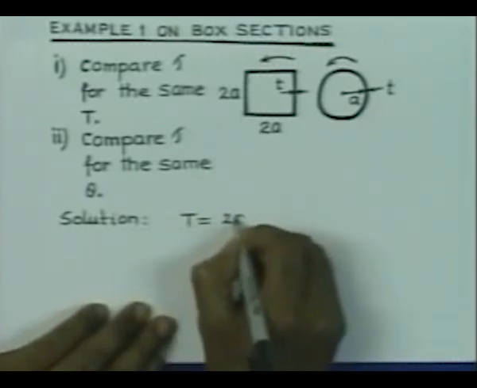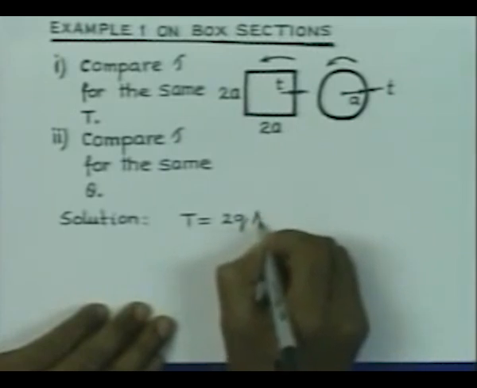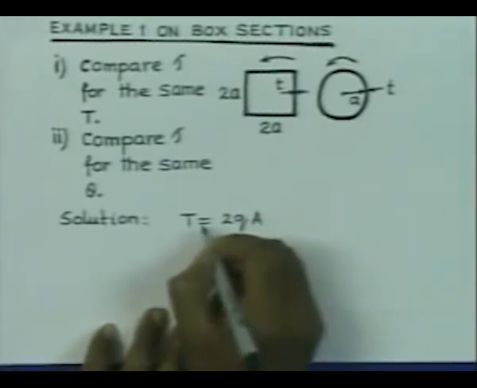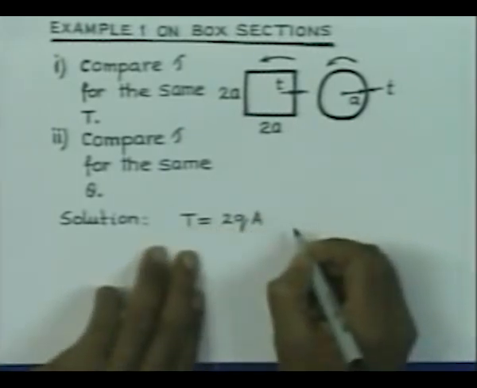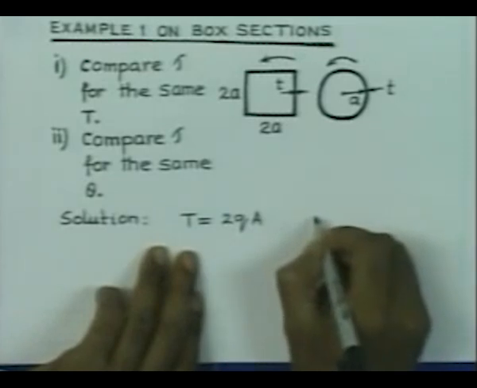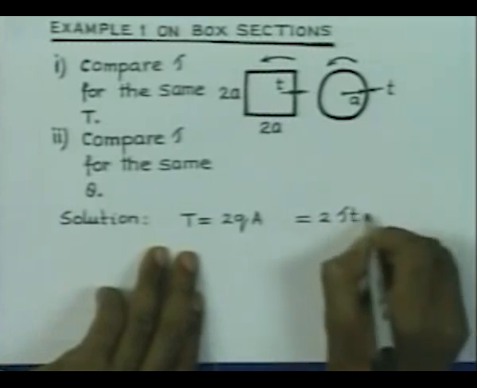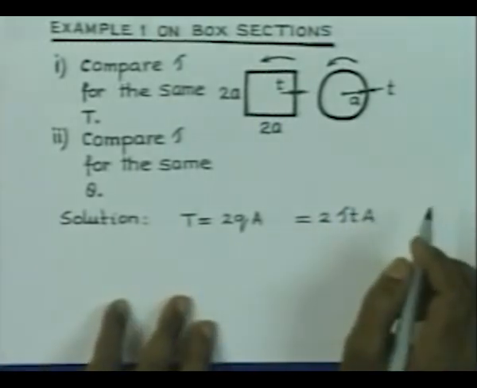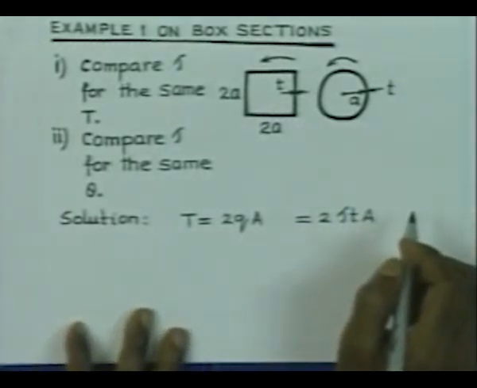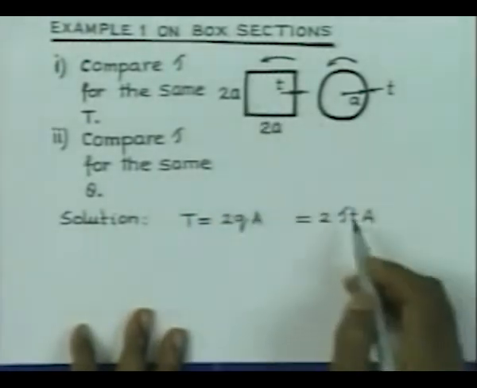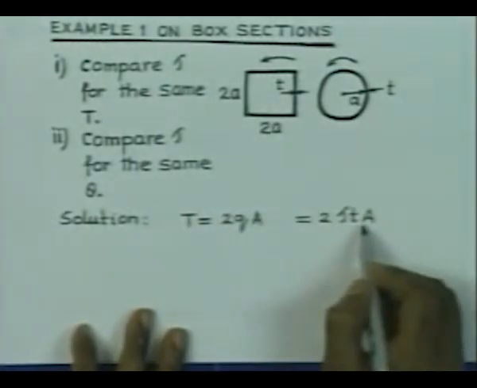T is equal to twice Q into A, and this is nothing but twice tau into t into A. In the case of thin sections, you can take the cross-section area.